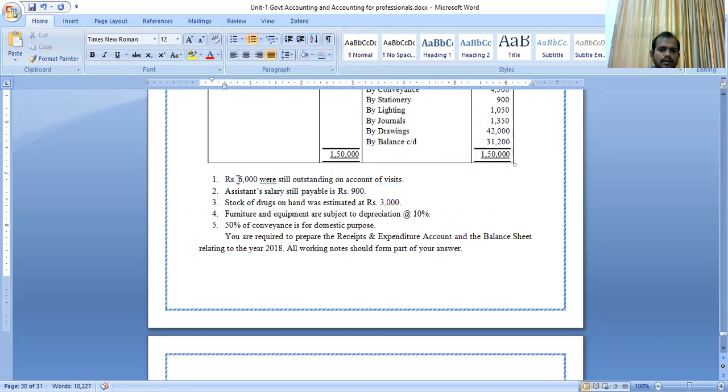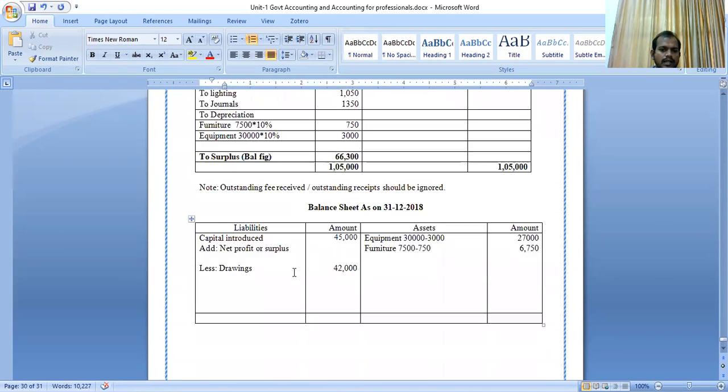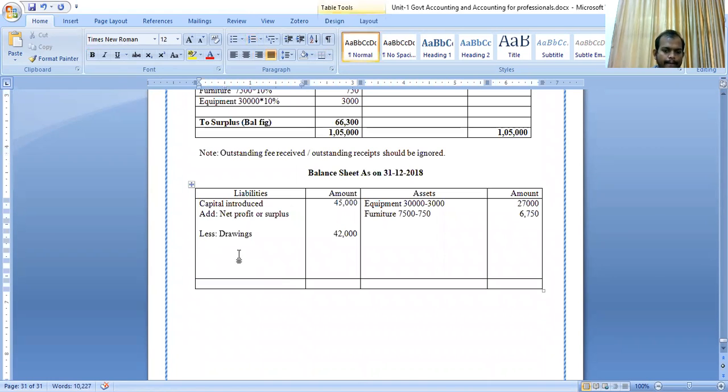So first one is outstanding visits 6,000 rupees. As I told you, we should not consider this outstanding receipt because we are recording the receipts on cash basis and expenditure on accrual basis. So we have to ignore this one. Another one is assistant salary payable 900.